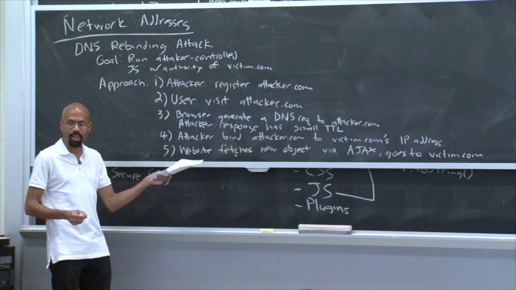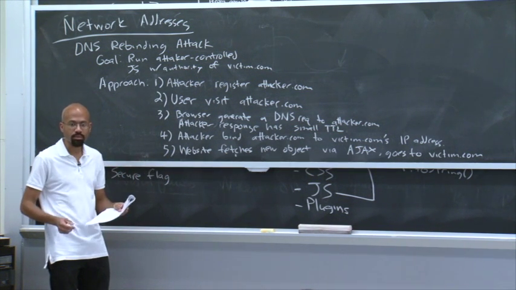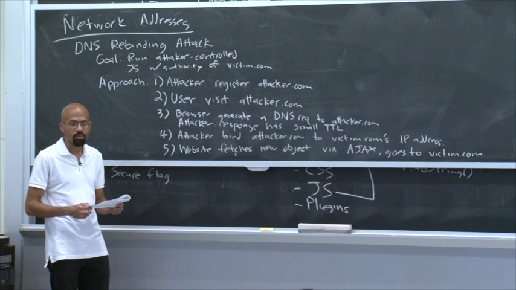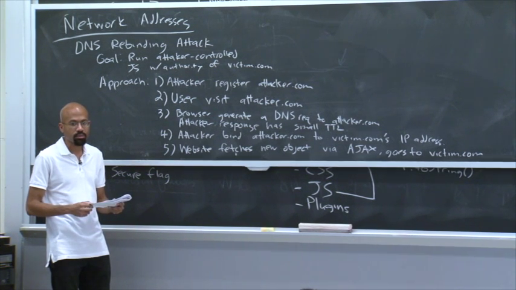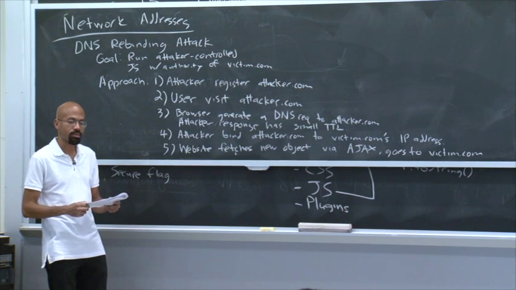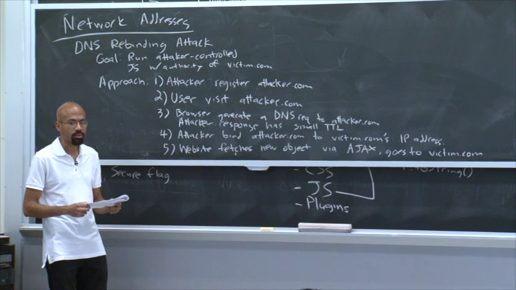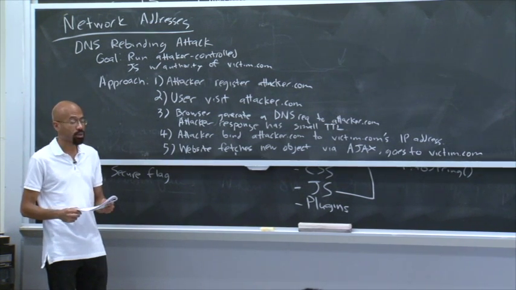So does this attack make sense? Wouldn't it be more sensible to do the attack the other way around? So to map victim.com to the attacker's IP address. Because that way you're same origin as victim.com, so you can get all the cookies and such. Yeah, so that would work too as well.